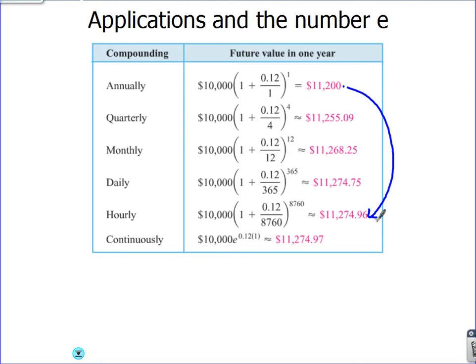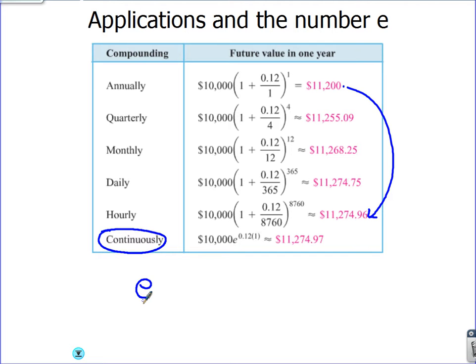And then you get down to what's called continuously, which is really fast. Not by the second, not by the millisecond, but even faster than that, continually. Pretty much as soon as it's compounded, it's immediately compounded again. This continuous compounding involves a number called e.